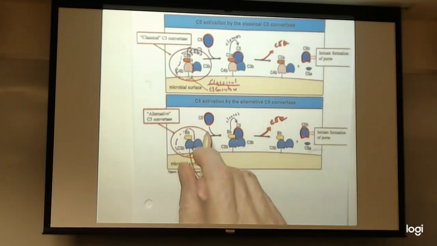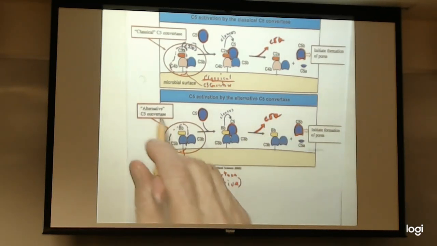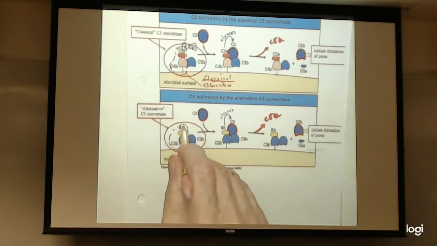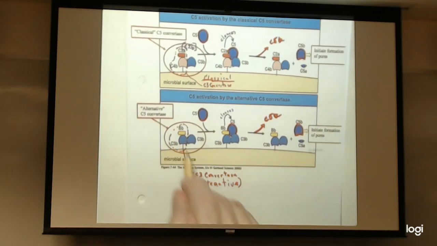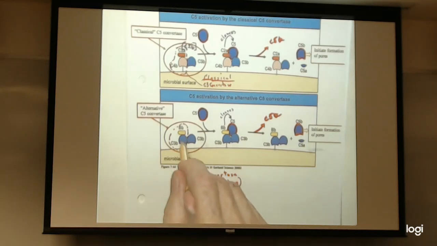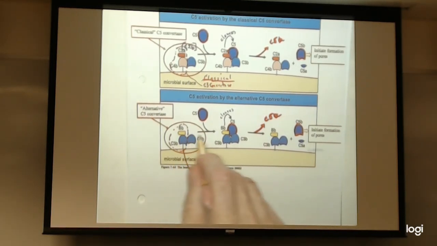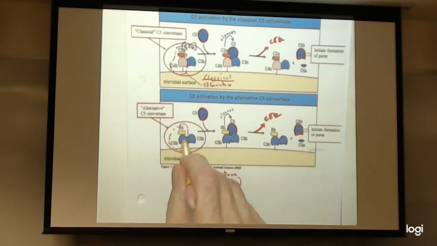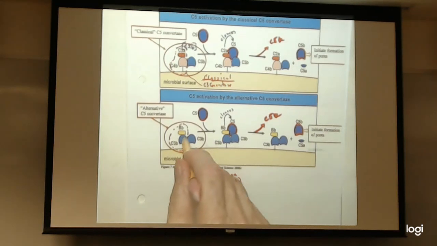We can also get the same happening with the alternative C5 convertase, where we start with alternative C3 convertase, which is C3bb. Again, we produce some C3b that doesn't immediately react with the cell surface, but gets trapped by binding side by side with this C3b.